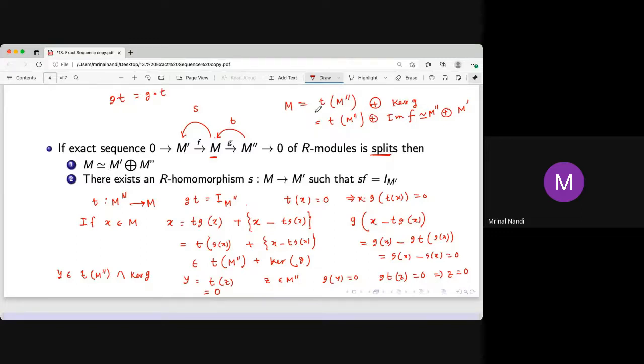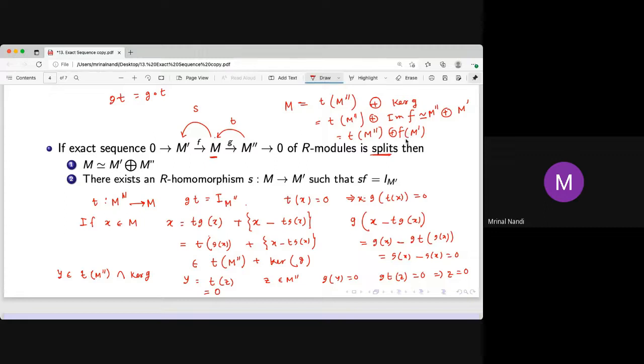That means M is isomorphic to T M double dash plus the image of F, direct sum F of M dash. So M is equal to T M double dash direct sum F M dash.